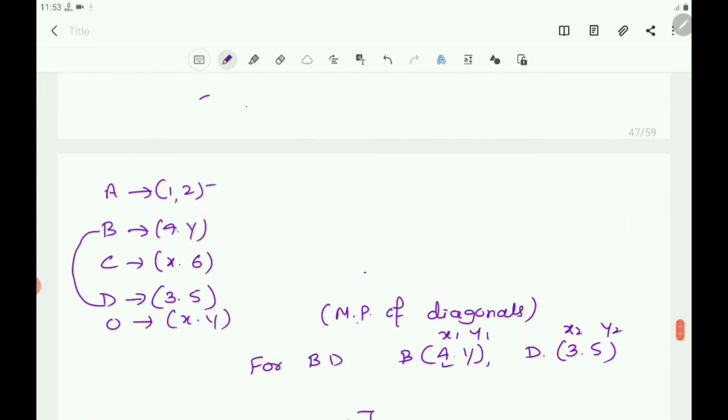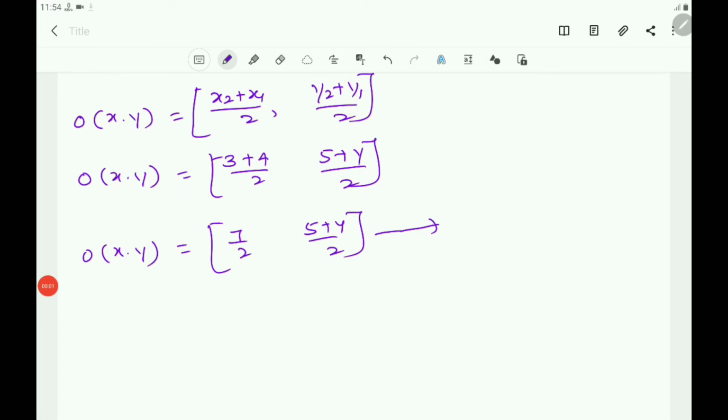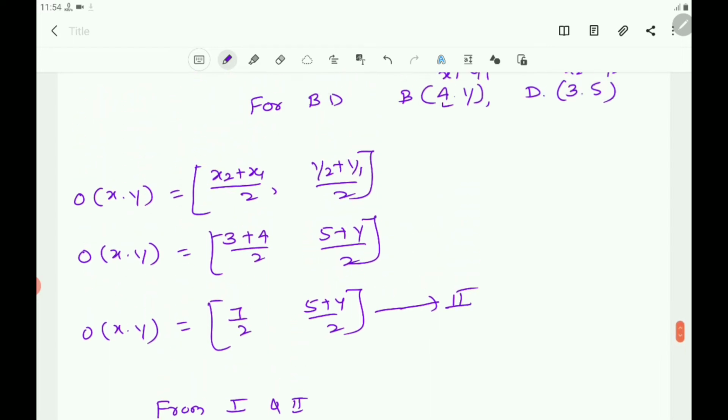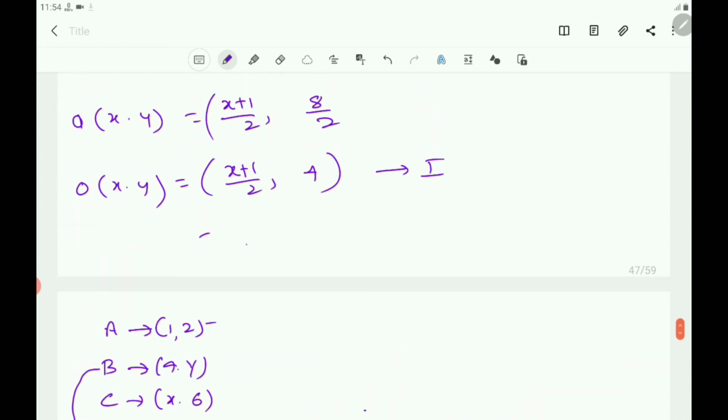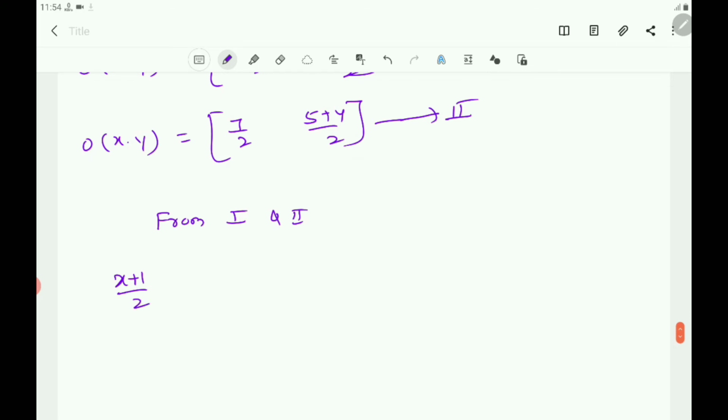Now here the first coordinates for O of (x, y) is this one. Consider this is second. Then from first and second you can write that the first one is ((x plus 1) by 2, 4) equals (7 by 2, (5 plus y) by 2).